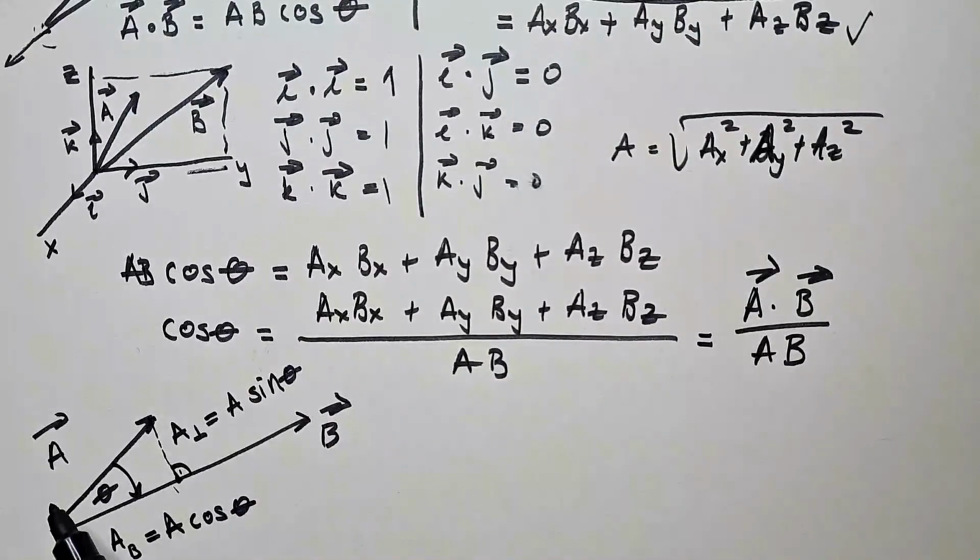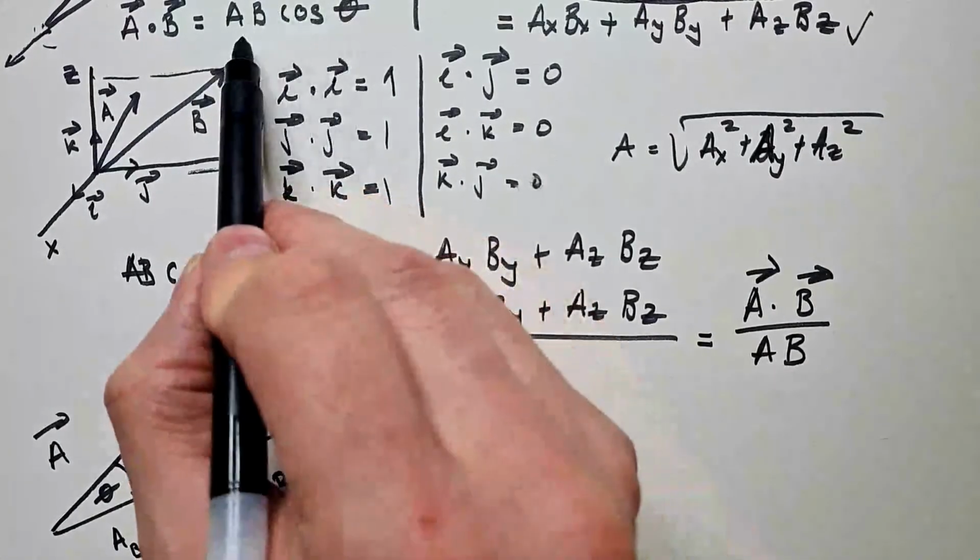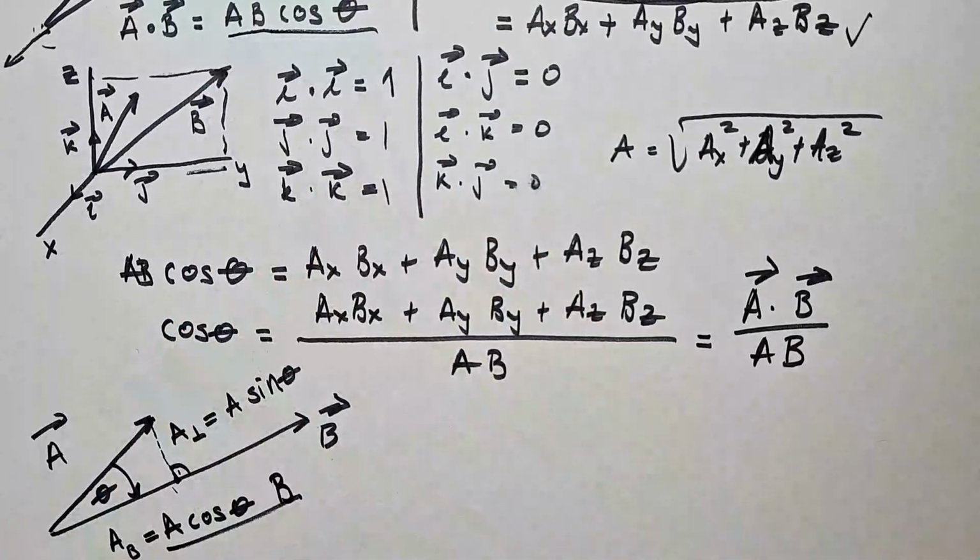So a dot product between A and B finds how much of vector A is in the same direction as B and then multiplies that with the magnitude of B. Because look, this much of A is in the direction of B, and then I multiply that with B, and look, this is exactly equal to what we had here.